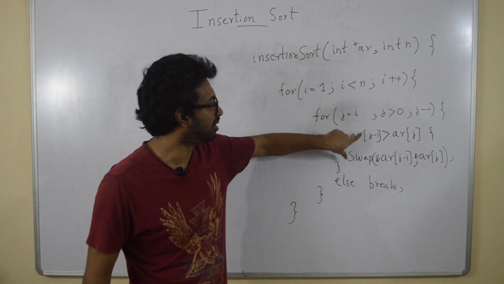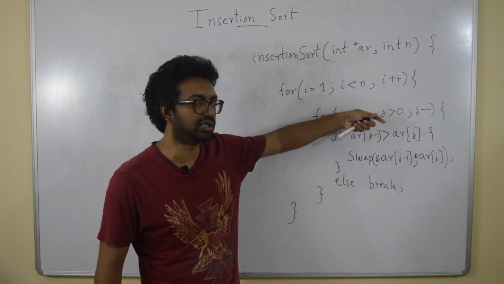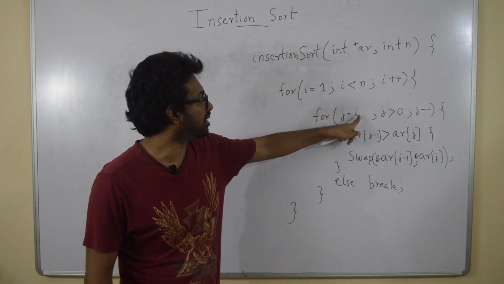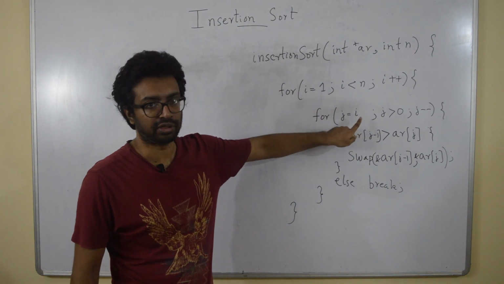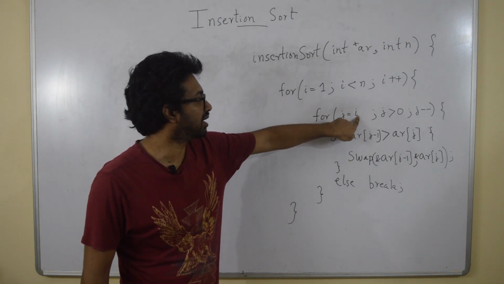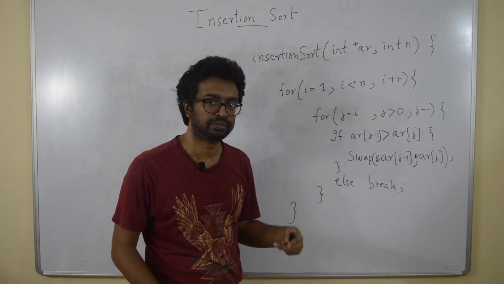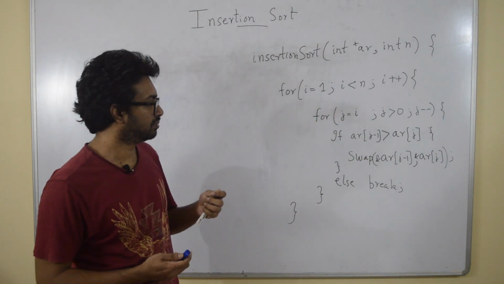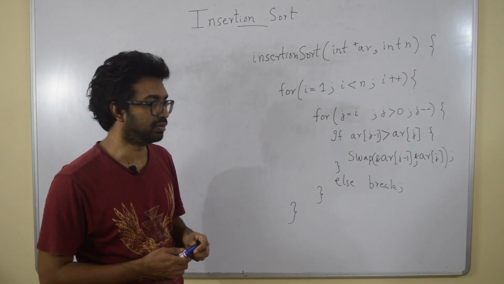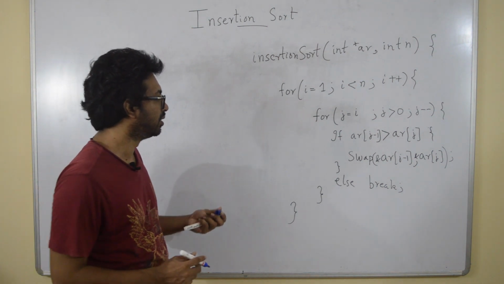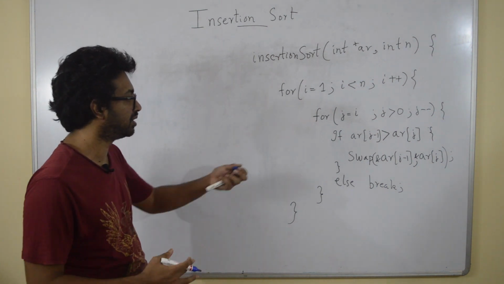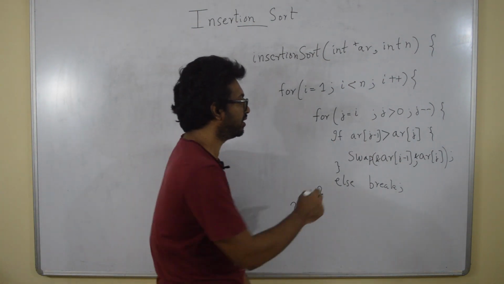In the worst case, this entire for loop is going to be executed. Each time I start from I and end at 0. So how many steps does this if condition execute?